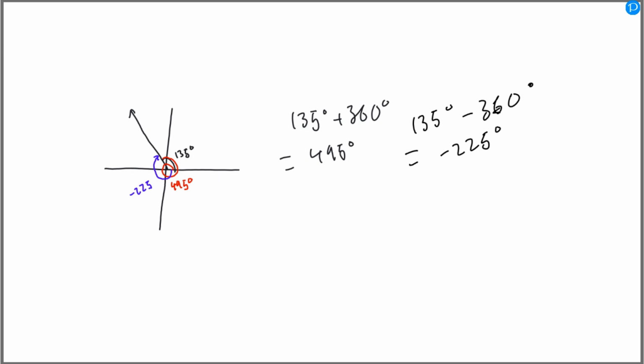But this also has implications in drawing angles in standard position. Say you're asked to draw negative 13 pi by 6 radians. Well, that seems pretty complicated, so where do we start? Well, first notice that this is more than a full rotation.